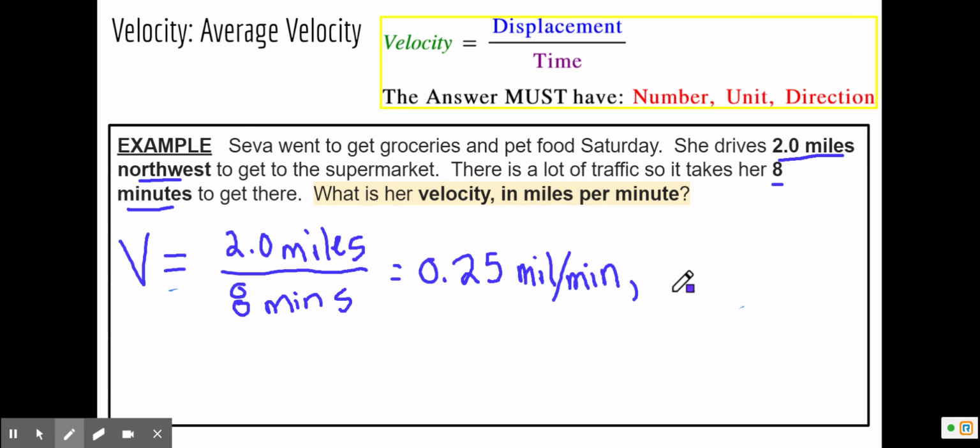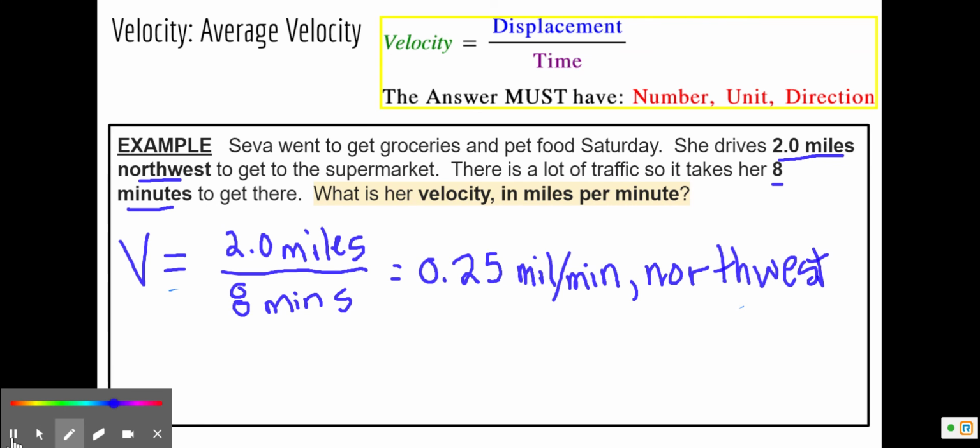Well, it says northwest, so we need to add northwest after the magnitude. The magnitude is 0.25 miles per minute, and the direction is northwest. That is the answer for what is Seva's velocity in miles per minute.